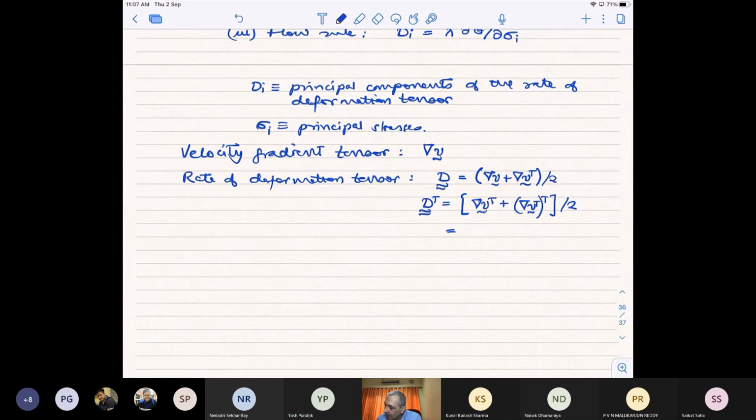So this becomes equal to gradient of v transpose plus gradient of v divided by 2, which is equal to d. This and the first one are identical. So what it means is that d is a symmetric tensor.